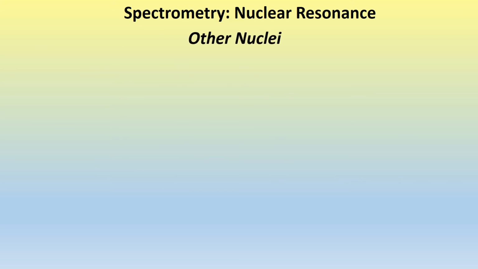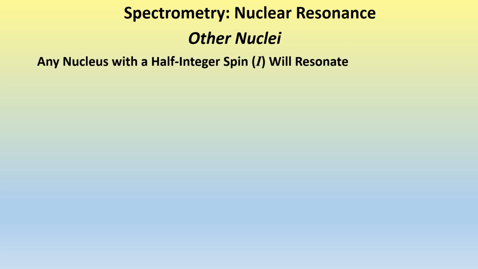Proton NMR is the most common type of NMR and the most intricate. However, nuclear resonance can also occur with other nuclei. Any nucleus with a half-integer spin I will resonate. Each nucleus has a different g value, and this g value changes the precession frequency.